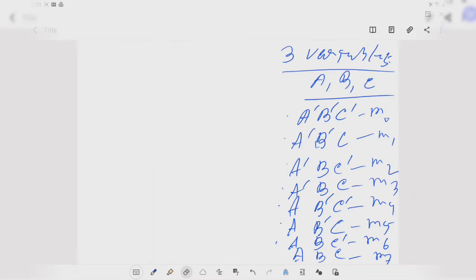Now the important thing is that any expression can be expressed by using only the min terms. For example, we are given an expression or a function, and we express this function using min terms.